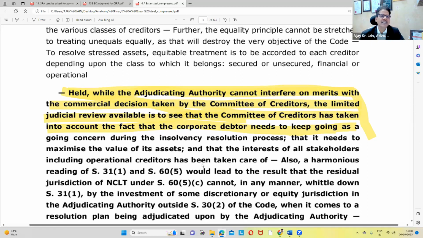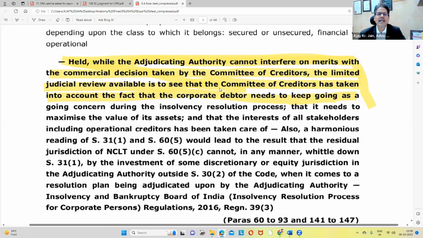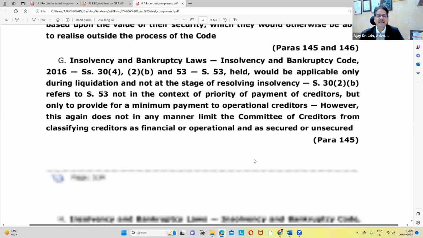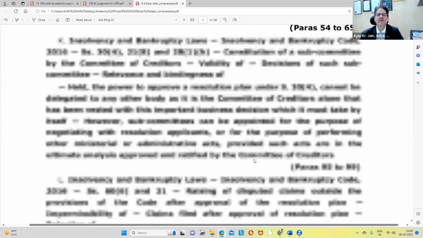It held that while the adjudicating authority cannot interfere on the merits of the commercial decision taken by the COC, the limited judicial review available is to see that the COC has taken into account the fact that the CD needs to be kept going as a going concern during the IRP, the insolvency resolution process, in order to maximize the value of the assets and in the interest of all stakeholders, including OC. So this judgment has been applied in all future cases also.